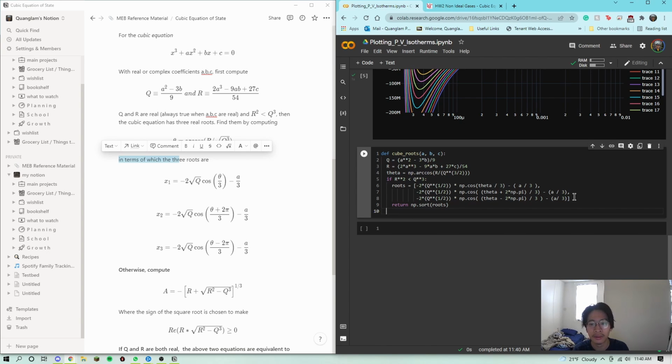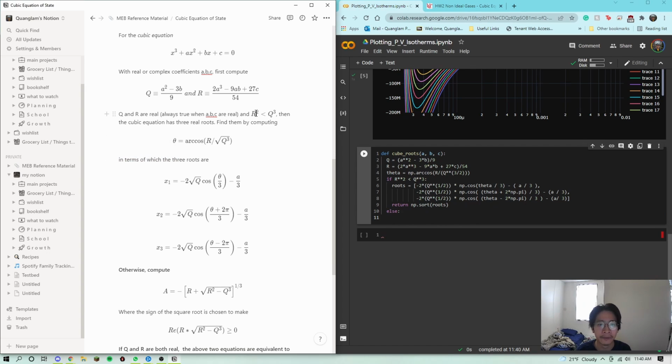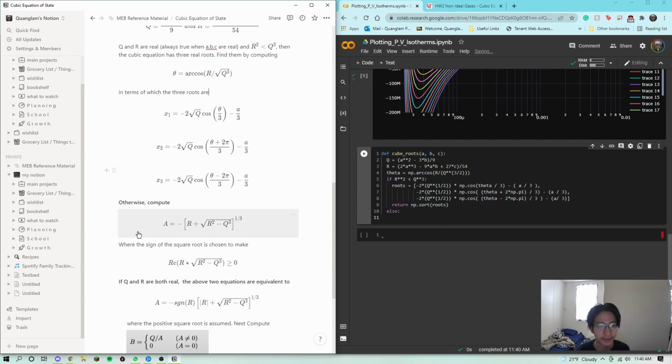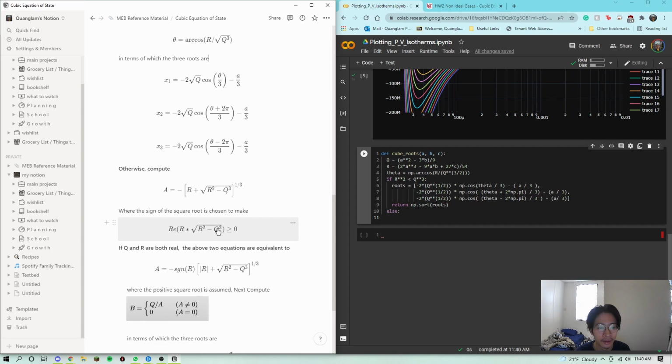Okay. Else. So if R squared is not less than Q cubed, it says otherwise compute this, where the sign of the square root is chosen to make this expression. If Q and R are both real, the above two equations are equivalent to this.